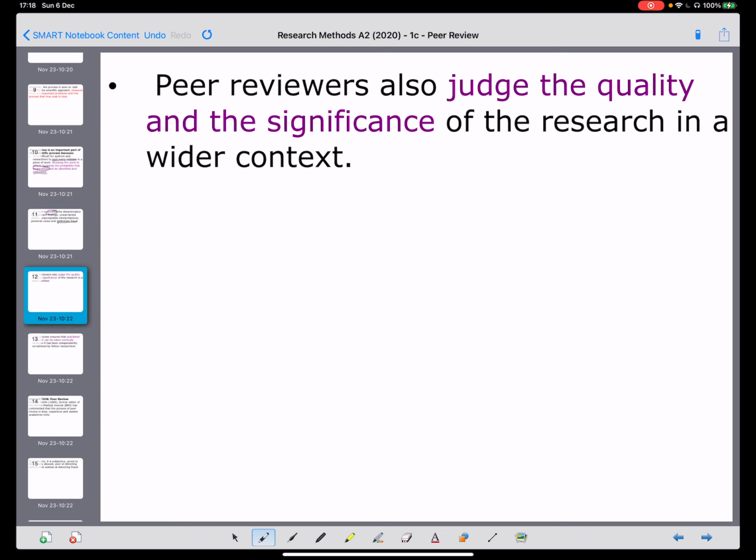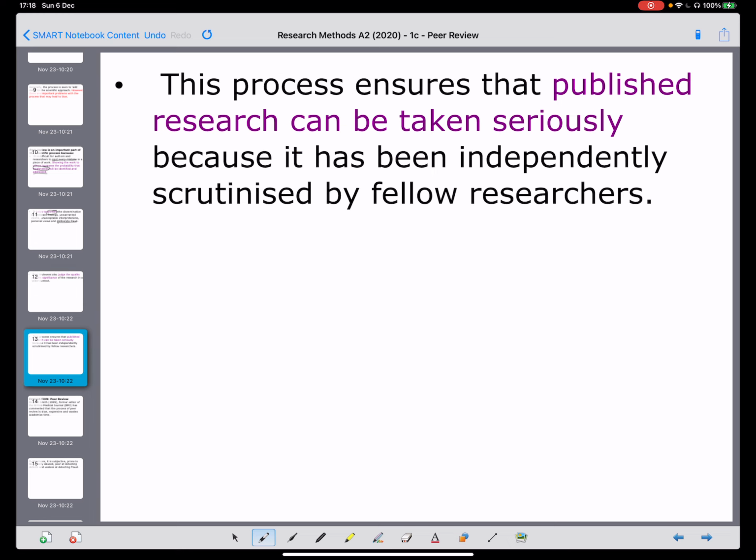We also know that peer reviewers can judge the quality and significance of the research. In other words, they are experts in the field, so they can judge whether it's important or something that we need to consider. And of course, that means that when something is published, we can take it more seriously if it's peer reviewed.